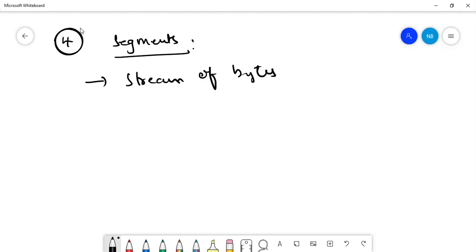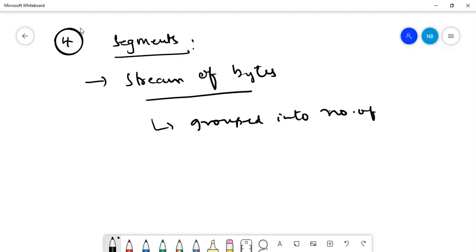This stream of bytes will be grouped into a number of bytes, into packets, called a segment.